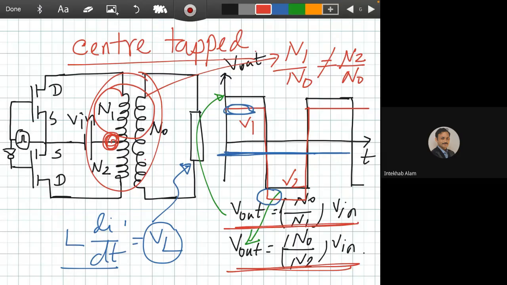Okay, there are some more effects that we will study later. Next, we have to concentrate on that point. When we switch on switch 1 and switch 2, when you switch on here, the current flows from drain to source. And when we switch on the second switch, then current flows from drain to source.